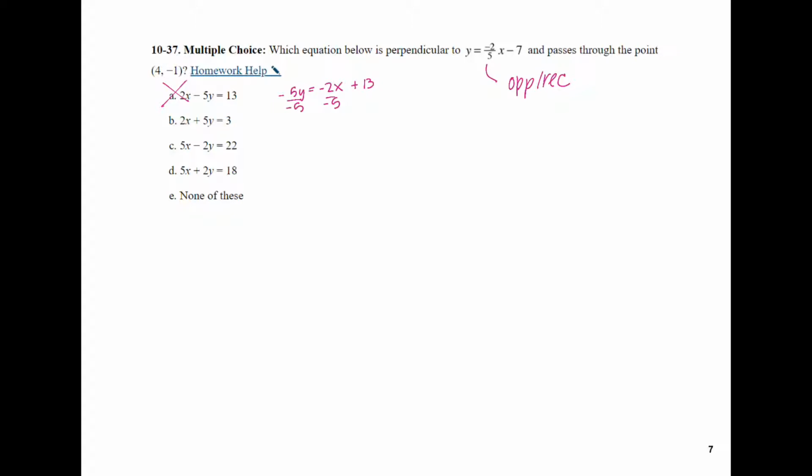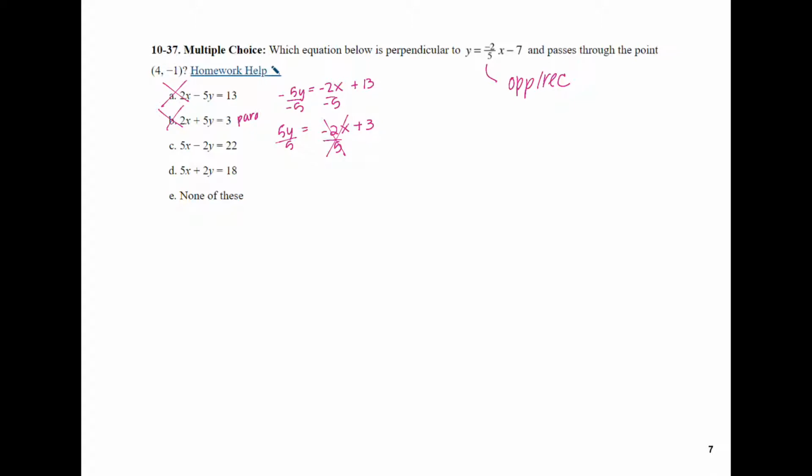So when we subtract our 2x, divide by our 5, our slopes are the same, so B would be parallel, not perpendicular.